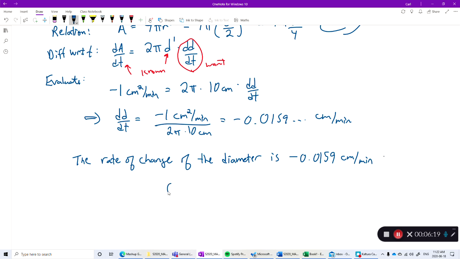That's fine. Or we could write the diameter is decreasing at. Now when we say decreasing, that's implying a negative sign. So now I won't write the negative sign.